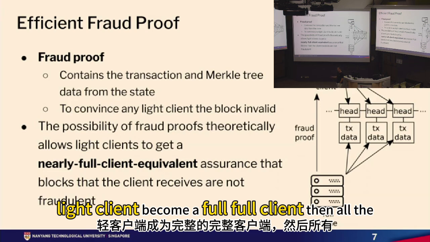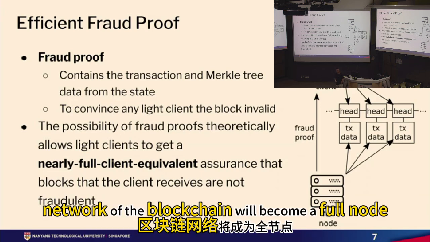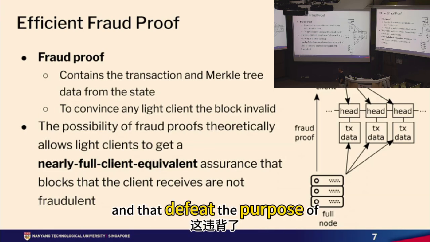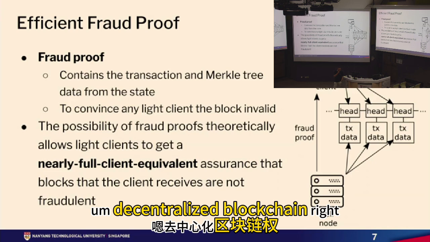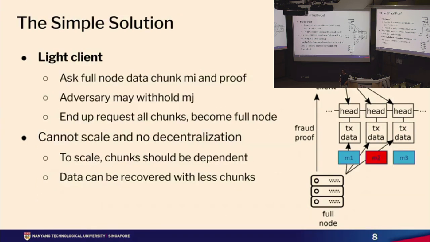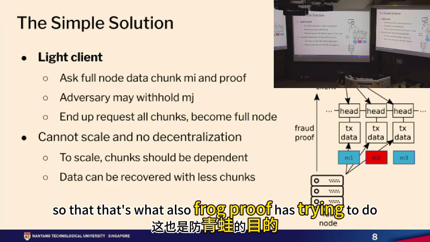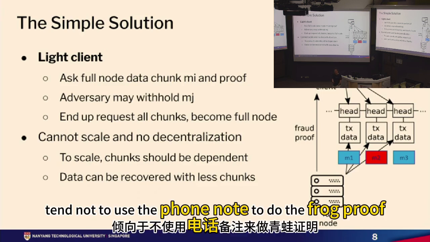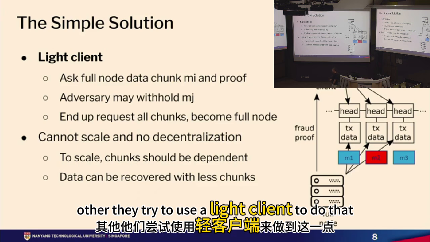Then all the network of the blockchain would become full nodes, and that will be very costly, and that defeats the purpose of a decentralized blockchain, right? So that's what fraud proof is also trying to do. Even for the fraud proof, they tend not to use the full node to do it. They try to use a light client to do that.